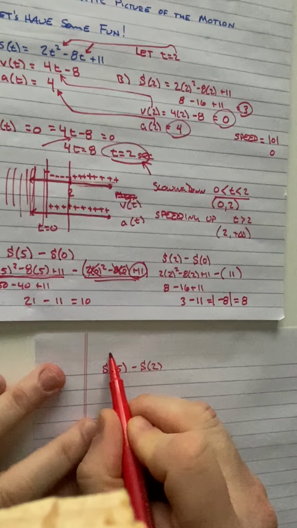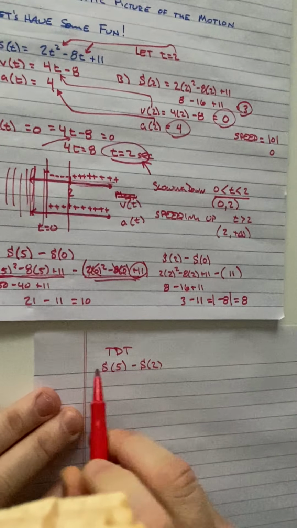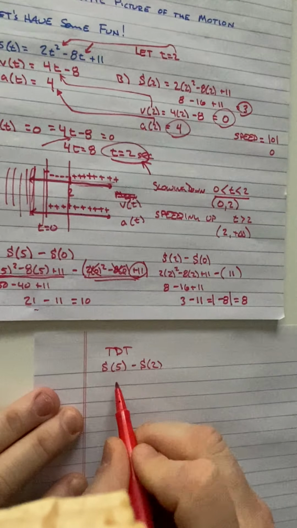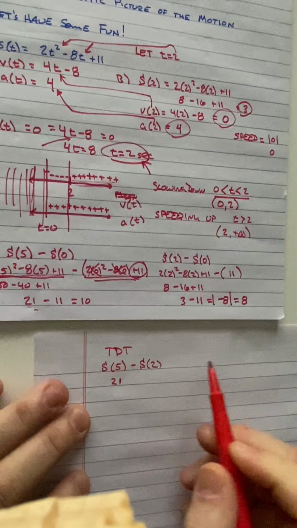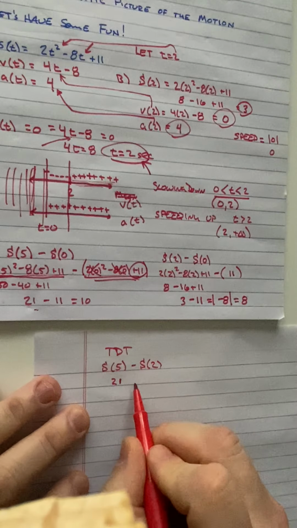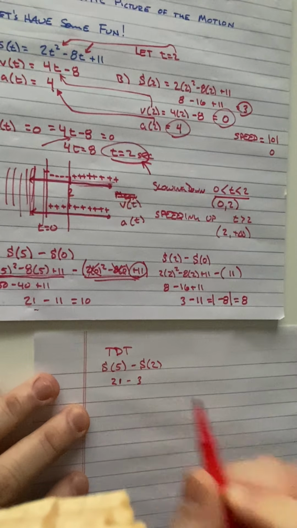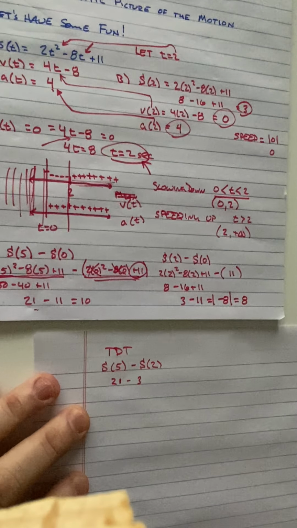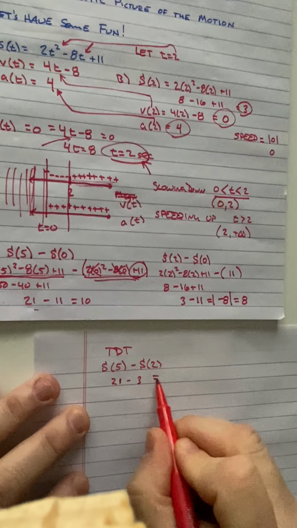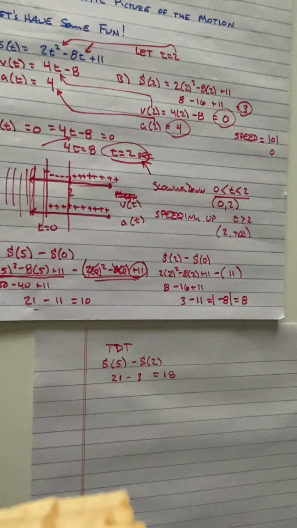We're trying to find the total distance traveled here, or what's abbreviated TDT. Send a 5 to that machine. Already did it. Send a 2 to that machine. I think I already did it. So 21 minus 3, if I've done those computations properly, is 18. That's how far this sucker has traveled to the right.